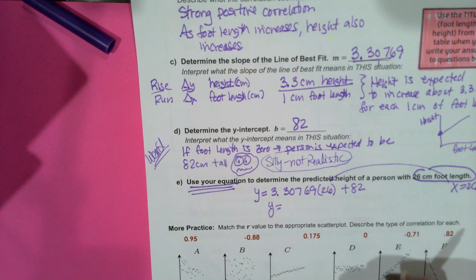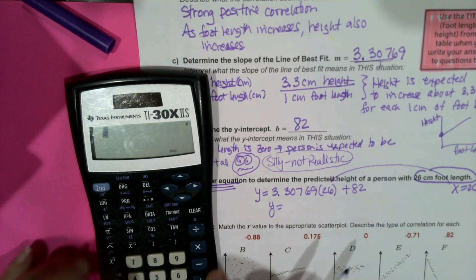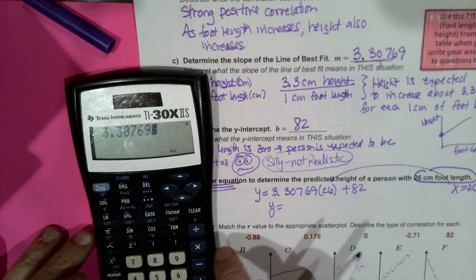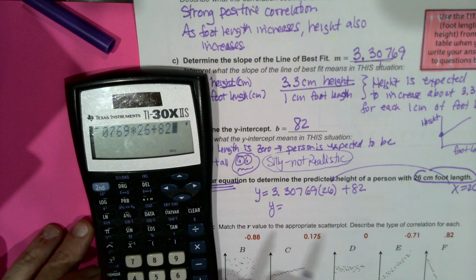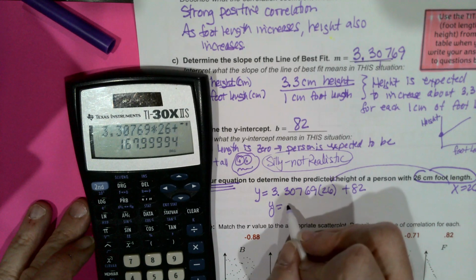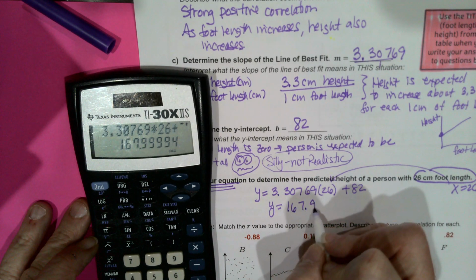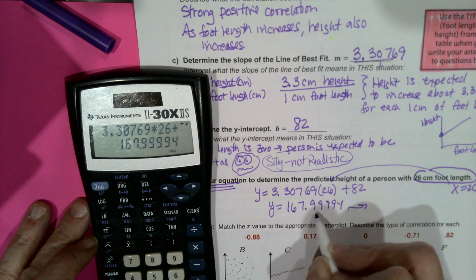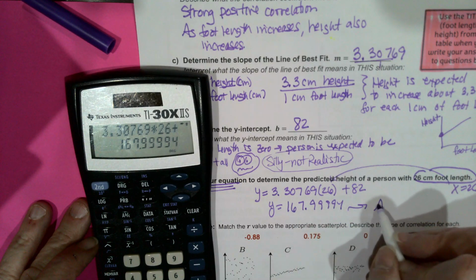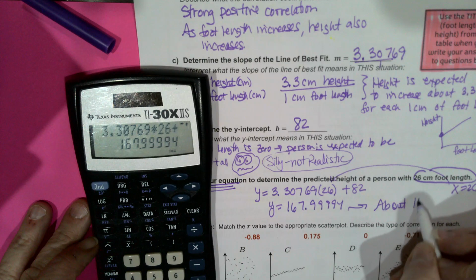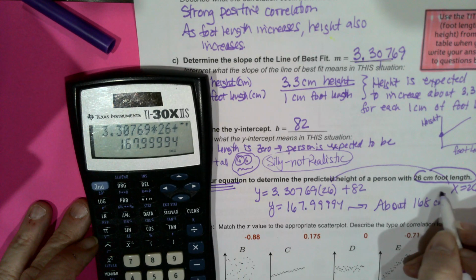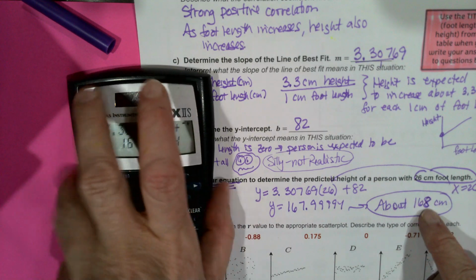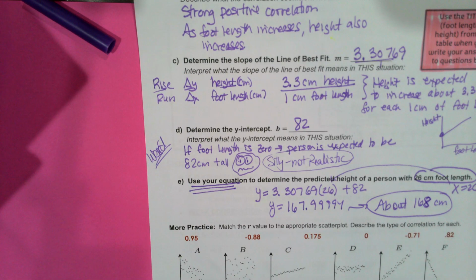All right, let's give it a shot. And we get 167.99994, and I would round that to about 168 centimeters. Of course, I'm not good with my centimeters. I'd have to convert that to feet and inches to see if it actually made sense to me.